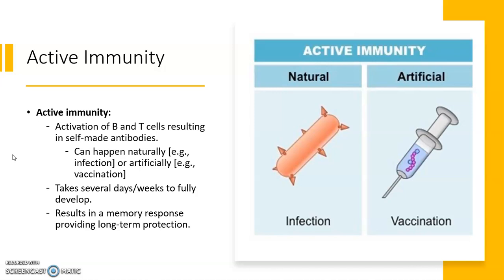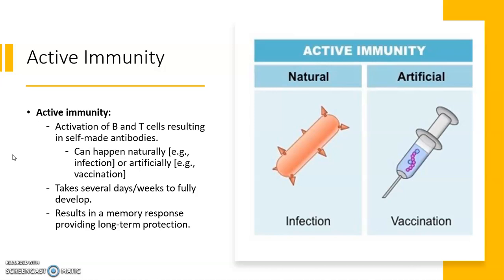Again, those memory cells are going to be present in your body now, so that if you get infected a second time, assuming the virus hasn't mutated, you will have protective immunity. So naturally acquired active immunity is just as simple as going out and getting sick naturally with an infectious pathogen and building immunity after that infection.